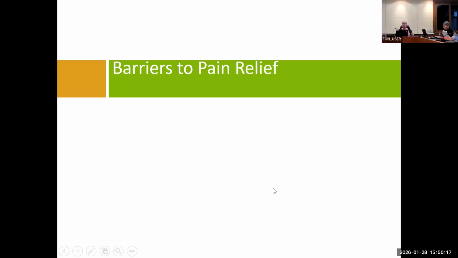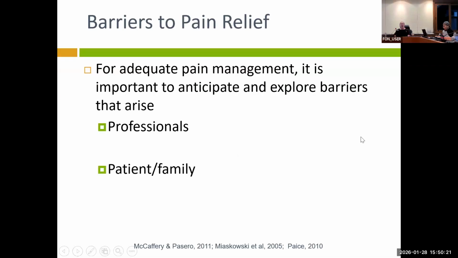So let's talk a little bit about the barriers to pain relief. For adequate pain management, it is important to anticipate and explore barriers that arise. And barriers arise at all levels. Number one, they might arise at the professional level with your colleagues, and then they might arise with the patient and the family.